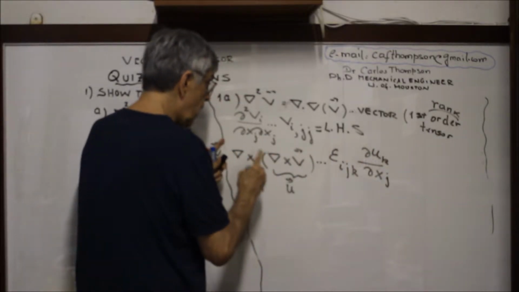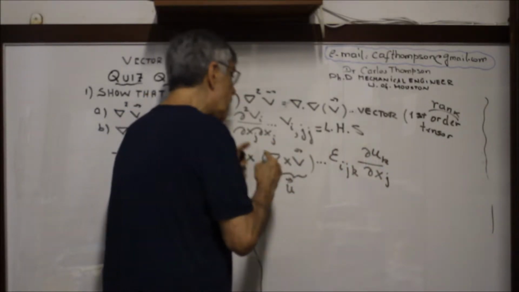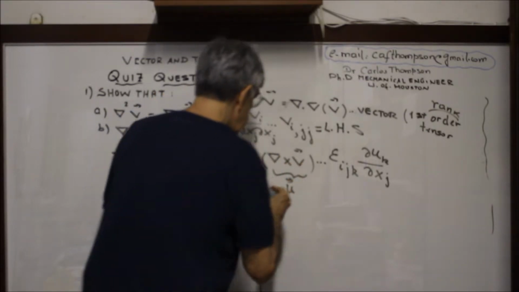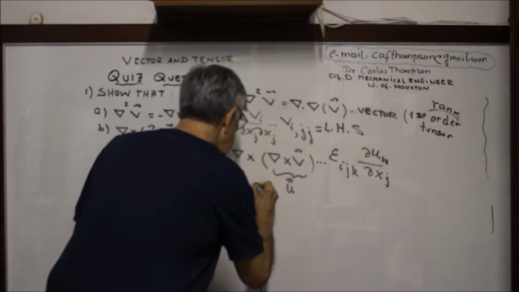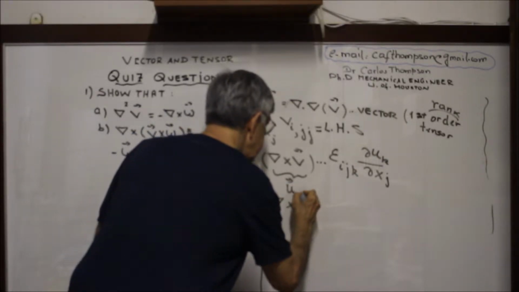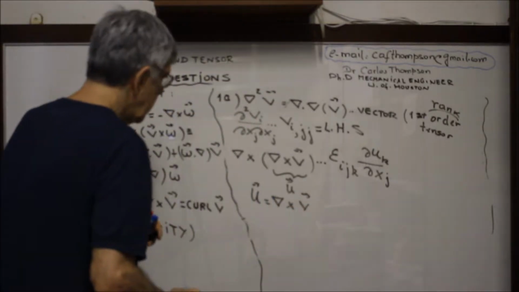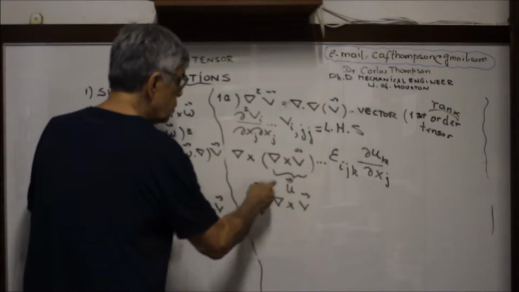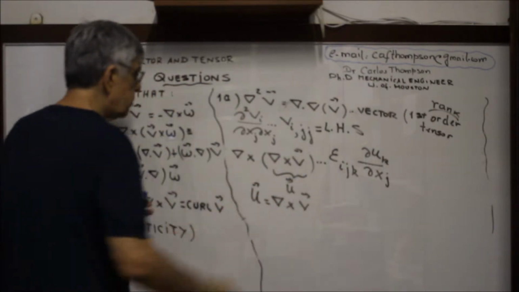Now I want to calculate u, because u is equal to this, which is v. Now I can call this, instead of u, I can call omega, no problem.